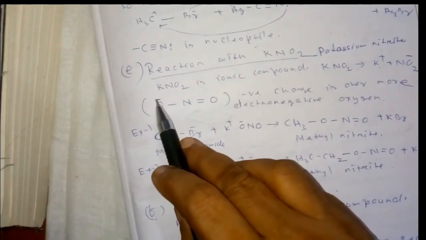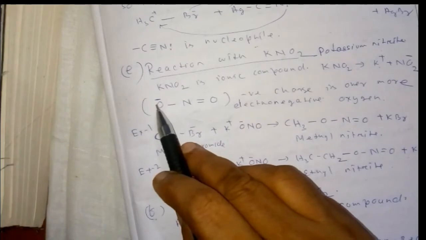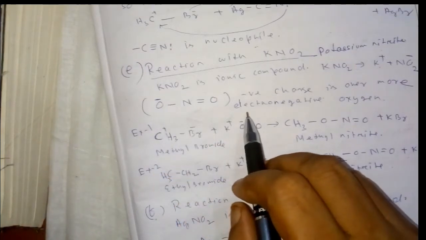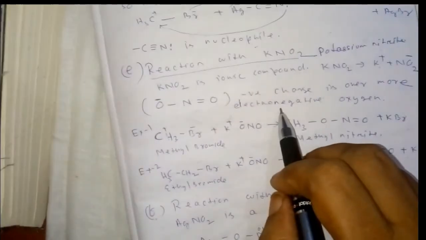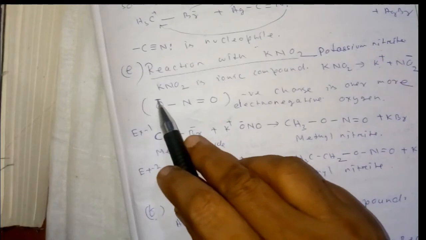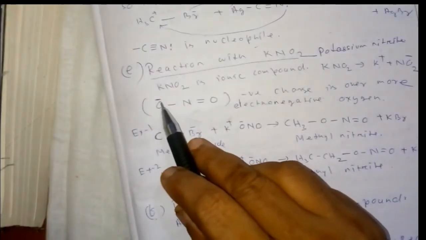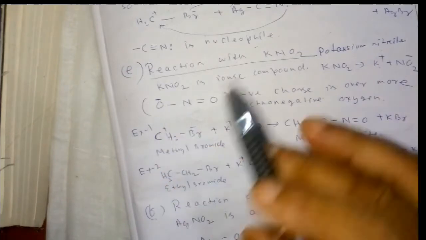So the negative charge is over oxygen, not over nitrogen. Why? You can ask why. Because oxygen is more electronegative than nitrogen. So oxygen carries the negative charge, and it will attack the carbon as nucleophile.